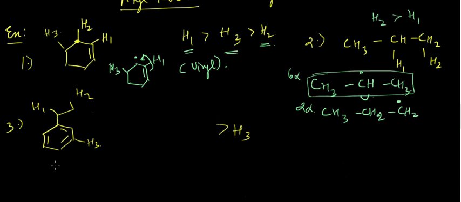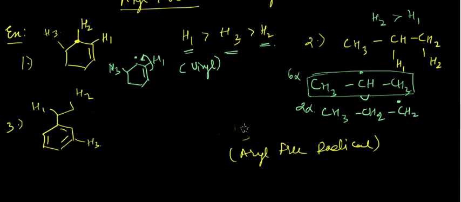Because of the formation of aryl free radical. Aryl free radical is highly unstable, hence its bond energy would be the highest, not the lowest. It is very, very difficult to break this bond because an aryl free radical is formed. Hence H3 would have the highest bond energy.